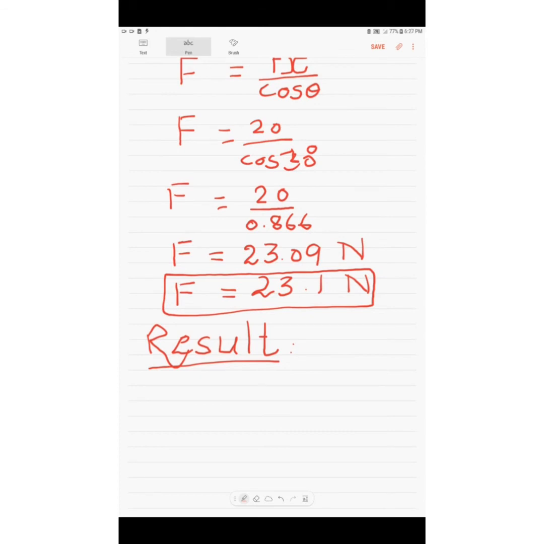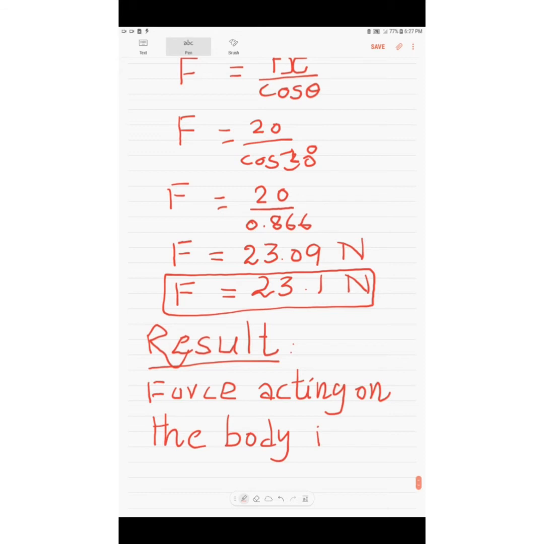Force acting on the body is 23.1 Newton.